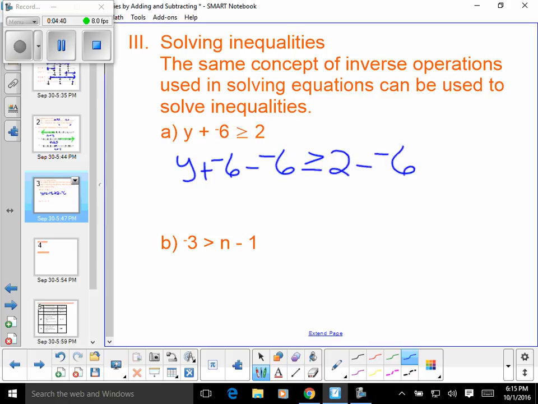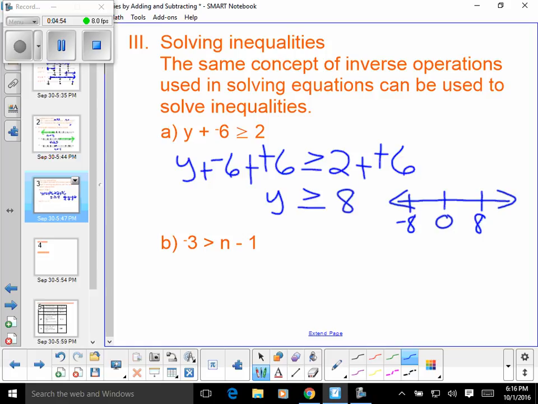I have to pay attention to add the opposite. So y is going to be greater than or equal to 8. Most often we'll be graphing these. We usually put in 0, 8, and negative 8. And then you would be using a closed circle and graphing everything to your right.